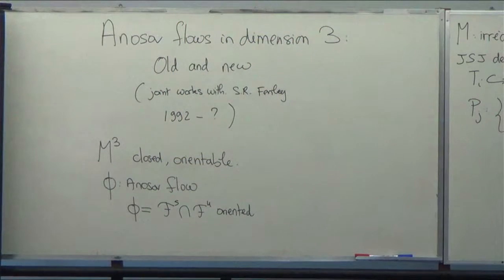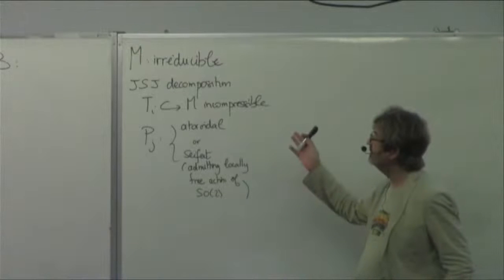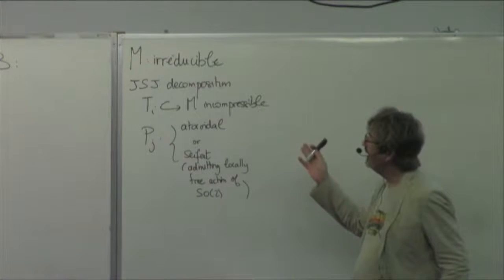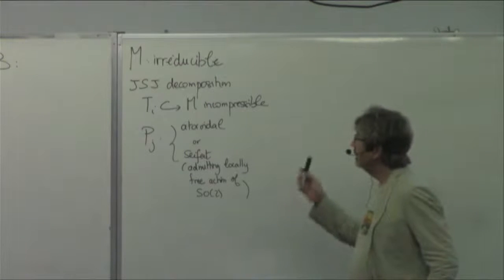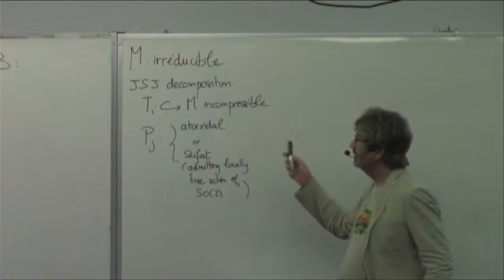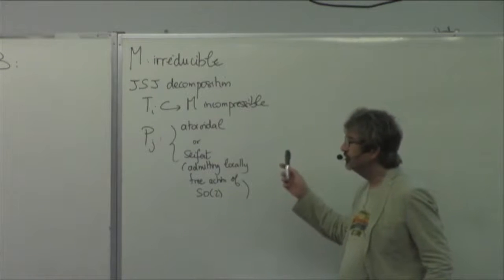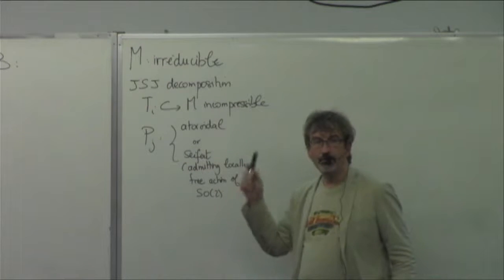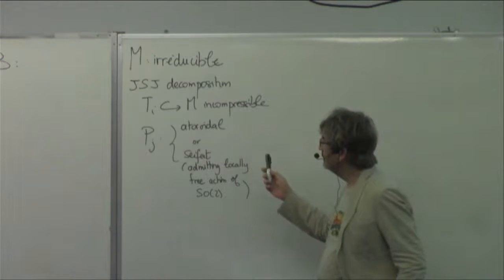The existence of such a flow implies that the manifold is irreducible. Therefore, from the topological point of view, it admits what we call the Jaco-Shalen-Johannson decomposition, meaning that we have a finite collection of embedded incompressible tori inside the manifold.